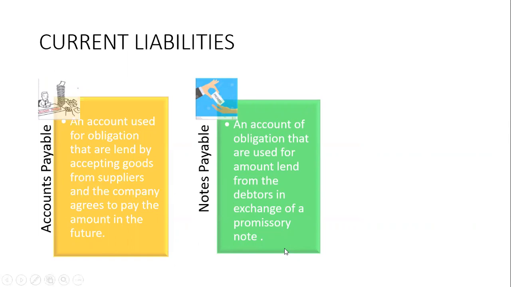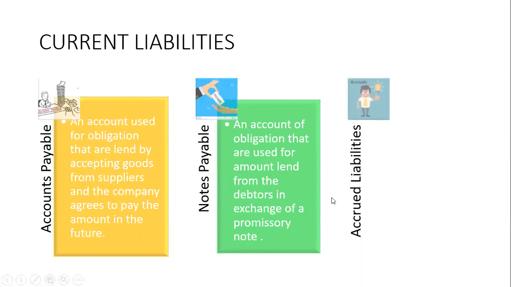So tayo yung sumulat ng promissory note. So an account of obligation that are used for amount lent from the debtors in exchange of a promissory note. So same lang sila sa accounts payable, utang natin. Pero ang kaibahan lang is that the notes payable is meron siyang evidence which is in a form of promissory note.